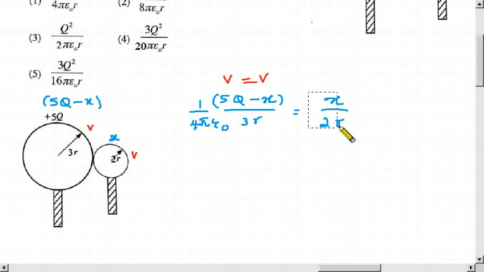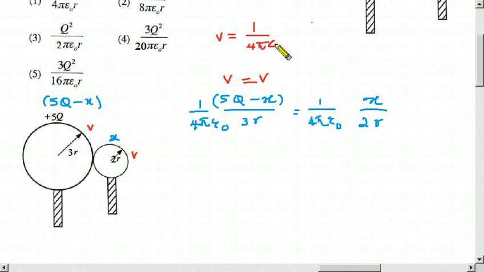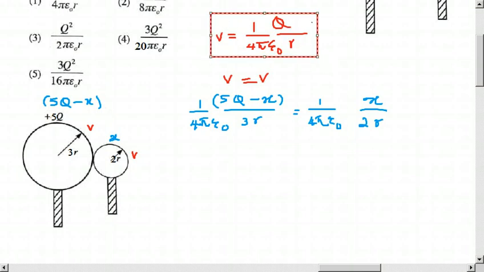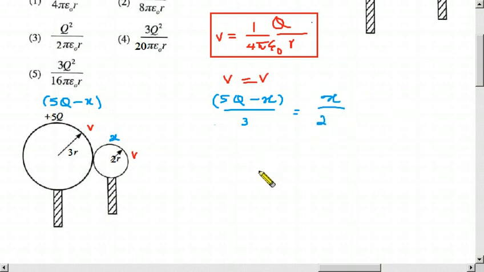Here 1 over 4 pi epsilon naught, because the original equation is so this cancel, and also r cancel. Cross multiplication.